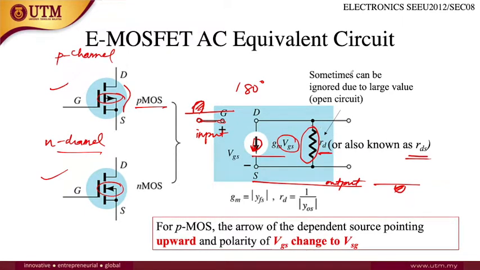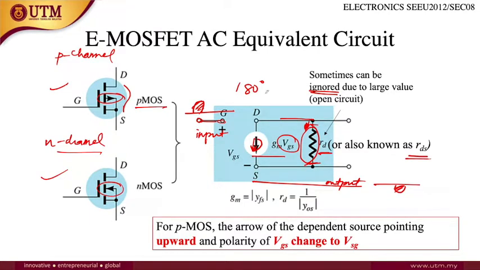This RD resistor can sometimes be ignored because its value is too large, so current cannot flow through it. It can be left as an open circuit.